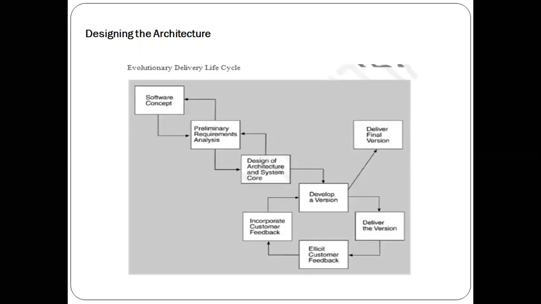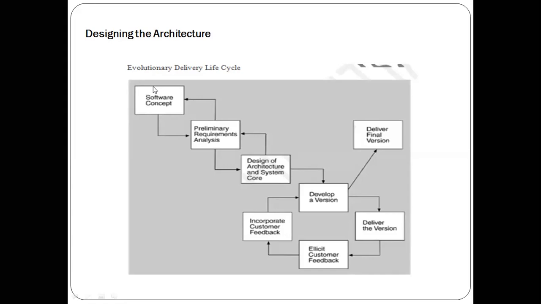So coming to the first one, it is life cycle. In that architecture life cycle, the evolutionary delivery life cycle, we design the project life cycle step by step. The first step is software concept. What is the first step here?